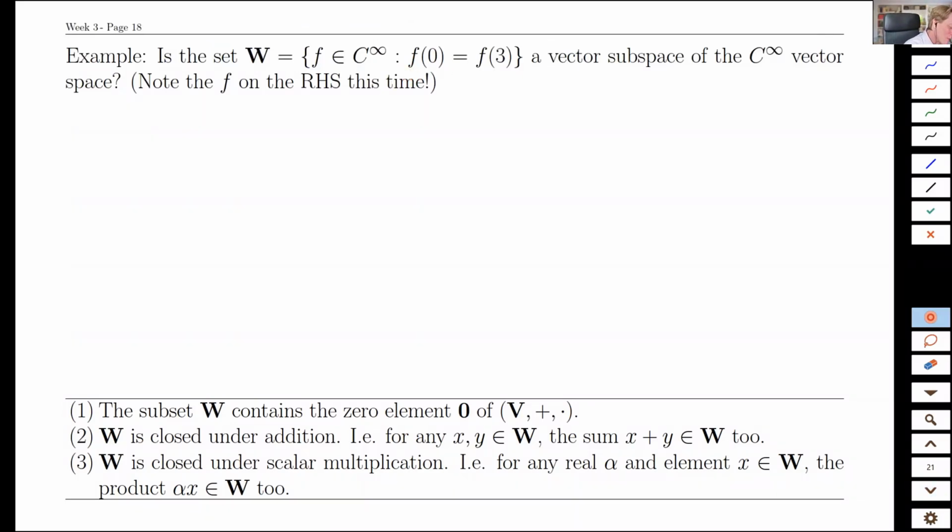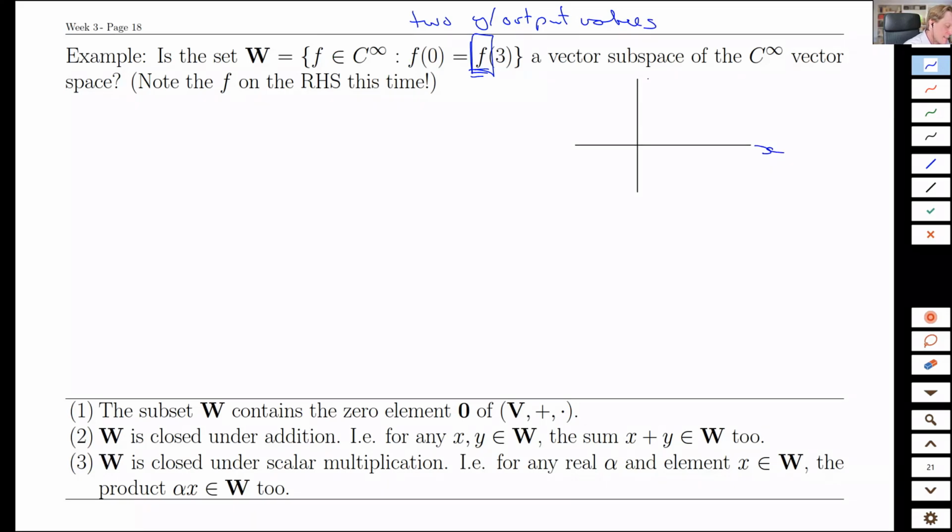We have something that looks very much like what we had before. I'm going to take a set W, any function in C infinity where, I've got to be super careful here, F of 3 is equal to F of 0. So these are two Y or output values.